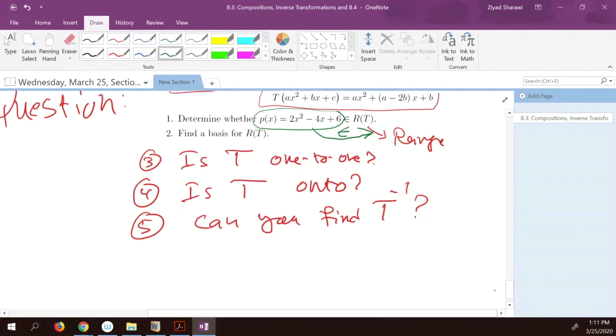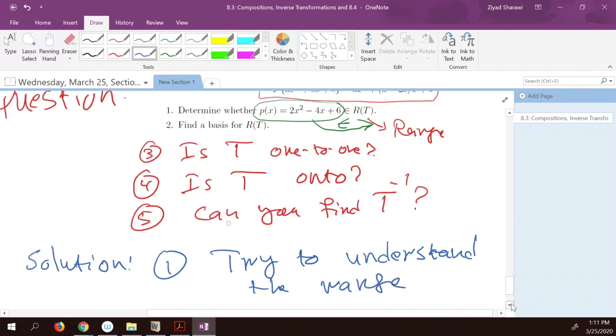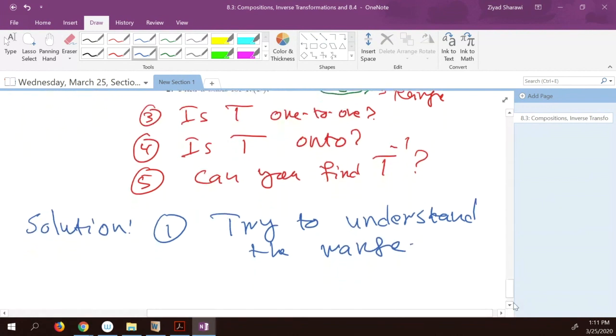So what you need to do here, you need to understand the range. So here, solution 1, try to understand the range. What is the range?